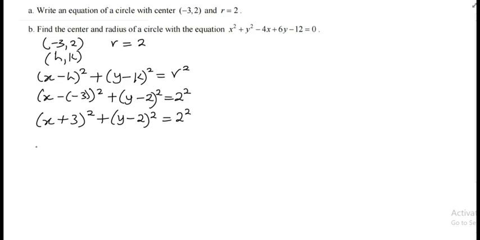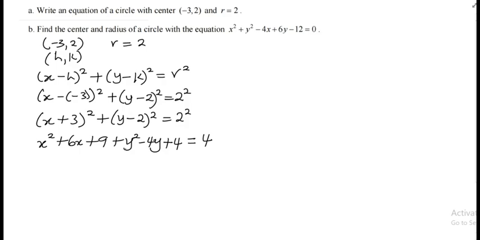Expanding (x + 3)², you have x² + 6x + 9. Then expanding (y - 2)², you have y² - 4y, sorry, then plus 4. Then this will be equal to 4 on the other side of the equation.